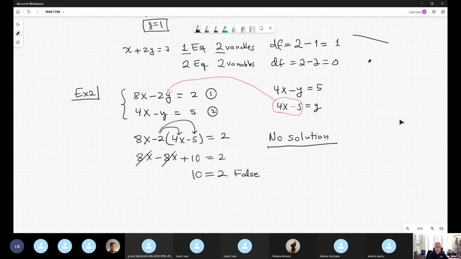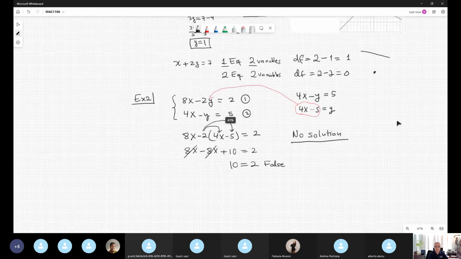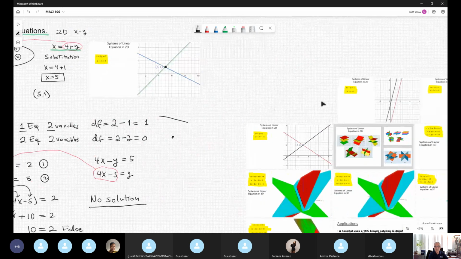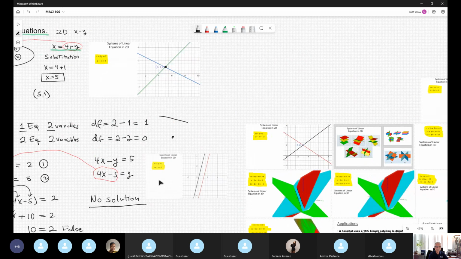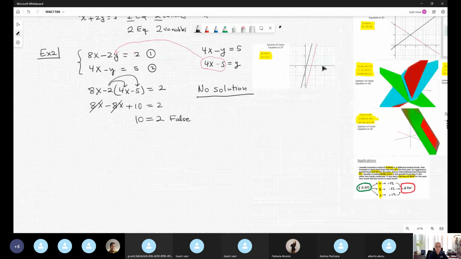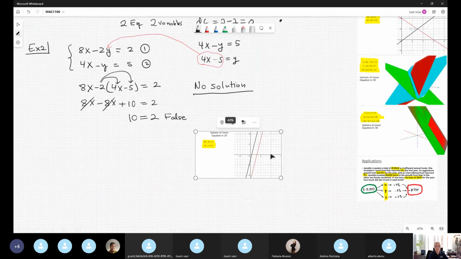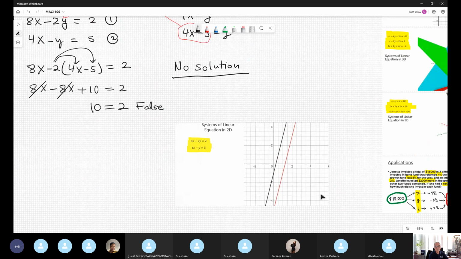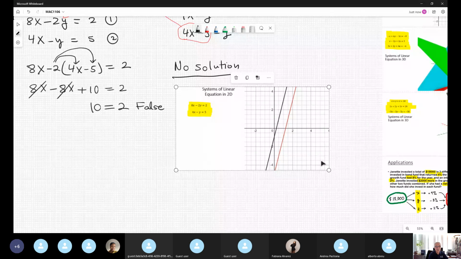Let me try to understand graphically. Graphically it is something like that. Okay, this is a typical no solution.